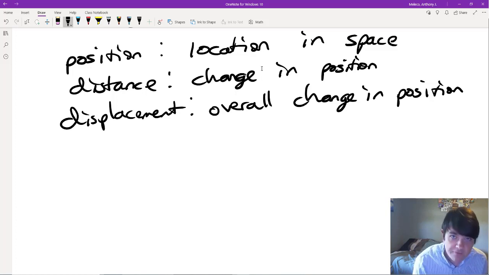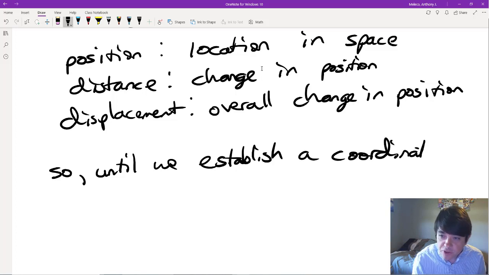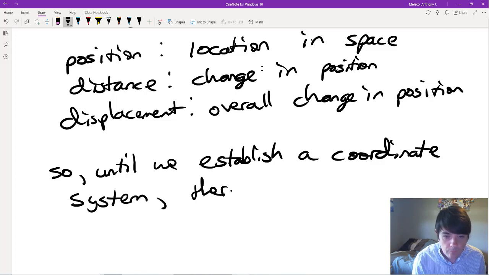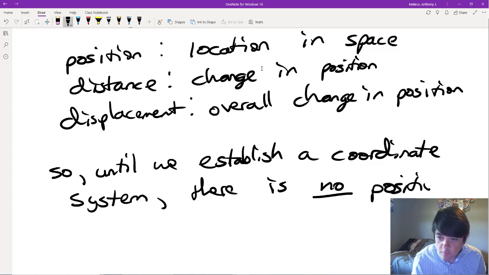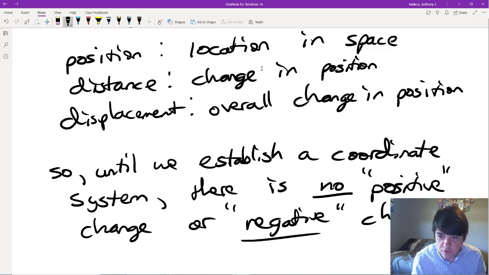abstract right now because we haven't established a coordinate system, okay? Until we establish a coordinate system, there is no positive change or negative change, okay?